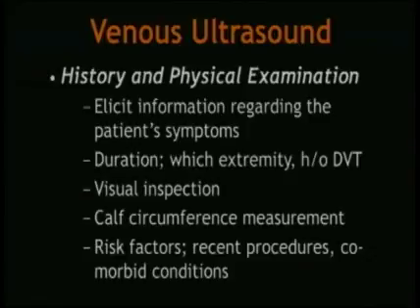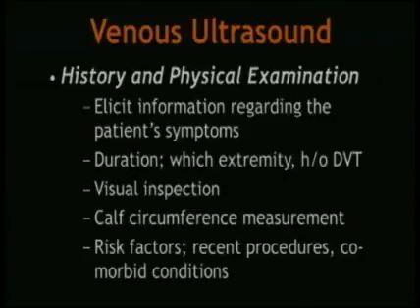In terms of the history and the physical examination, again, elicit information regarding the patient's symptoms, questions related to duration of pain, obviously which extremity, and whether or not there's a history of deep vein thrombosis. A visual inspection of the legs is in order. A measurement of the calf circumference often will be quite coincident with the presence of deep vein thrombosis with the appropriate risk factors.